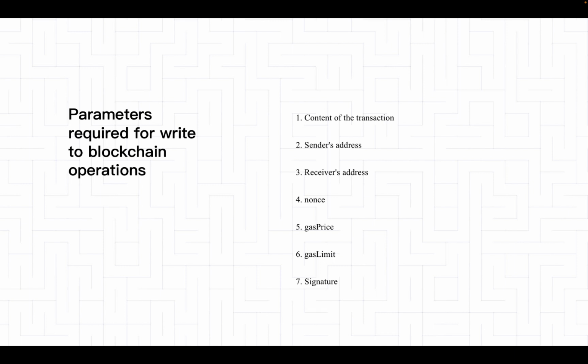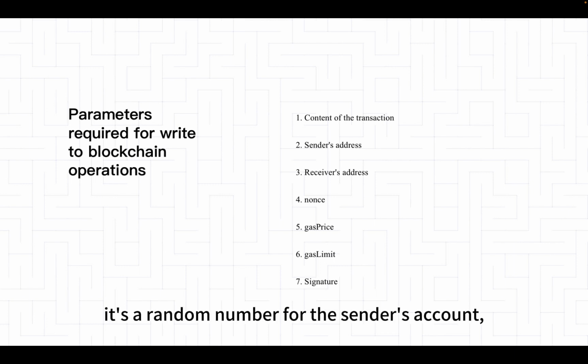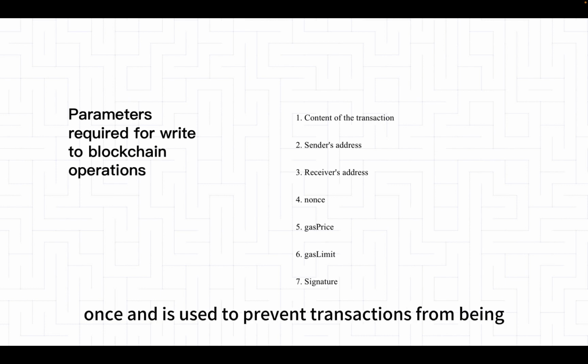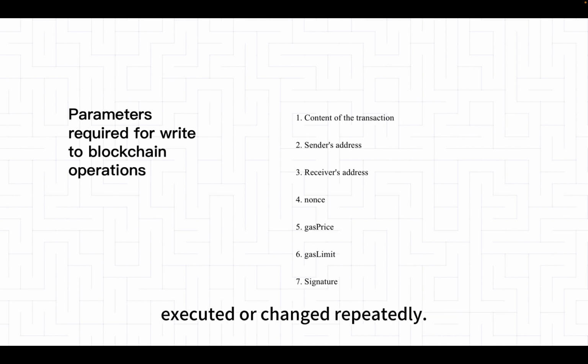Nonce is a random number for the sender's account, which is limited to being used only once. Nonce is an integer, which can only be used once and is used to prevent transactions from being executed or changed repeatedly.